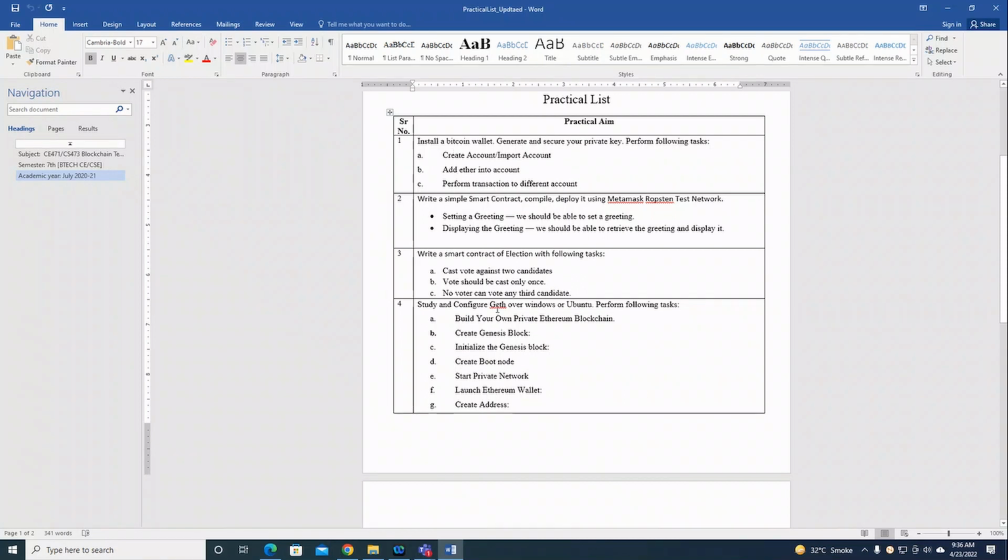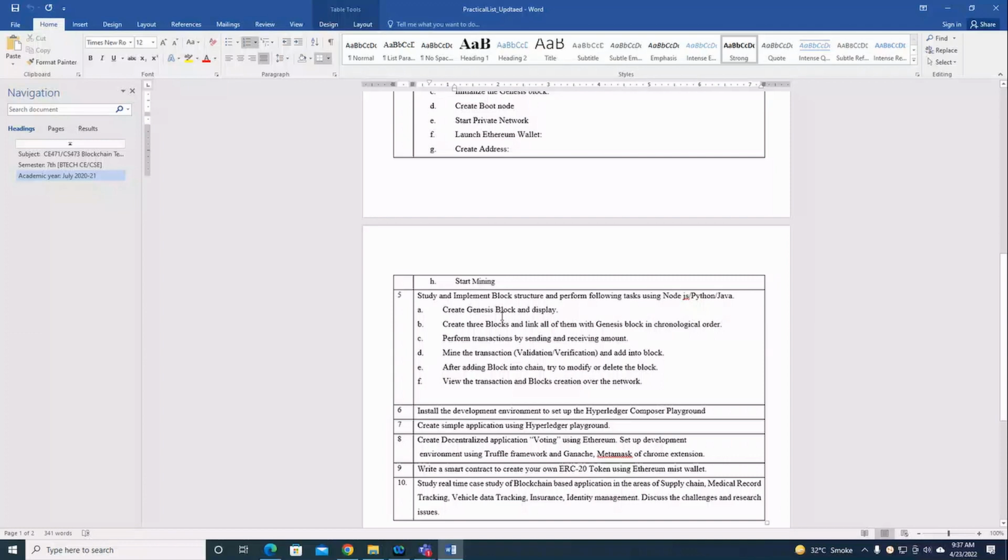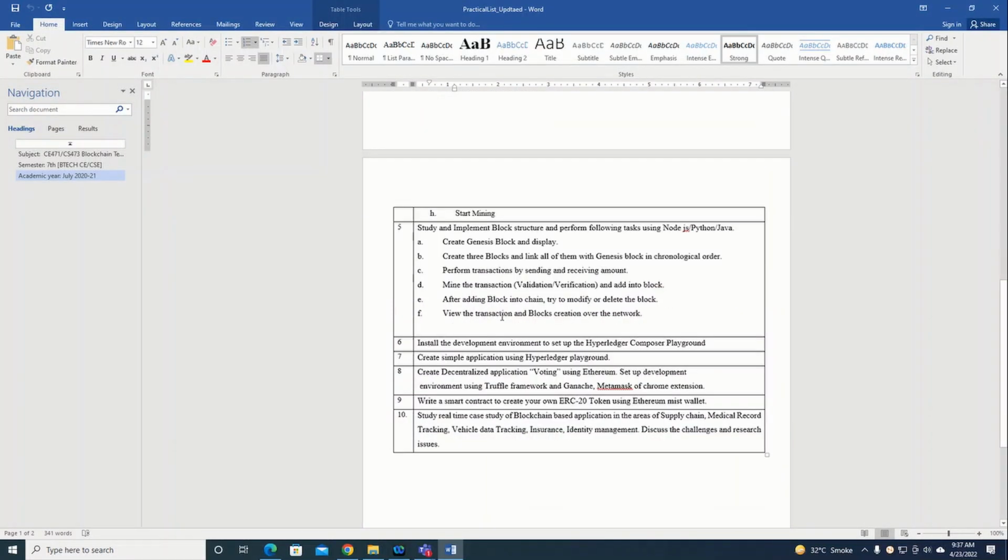Then we are going to study mining, how to do mining. For that we have different platforms: Truffle, Ganache, Geth. And then smart contracts, so Solidity programming. So that's it from my side. If you have any doubt, you can ask me.